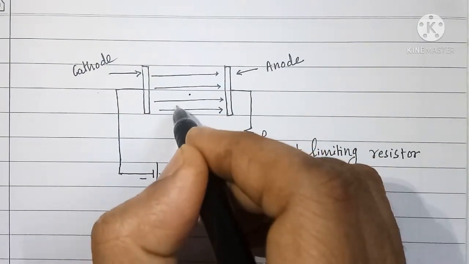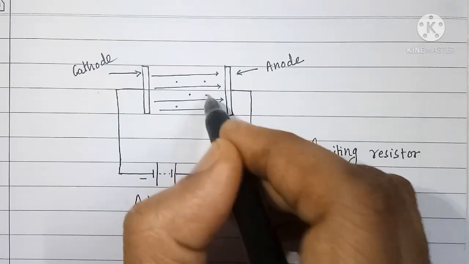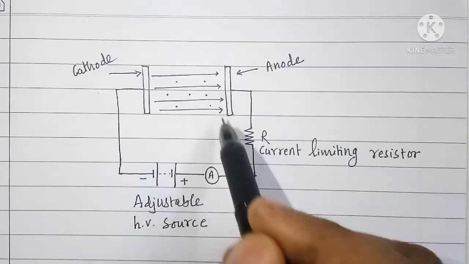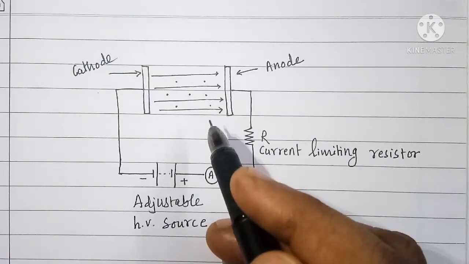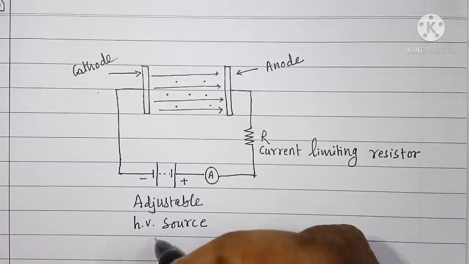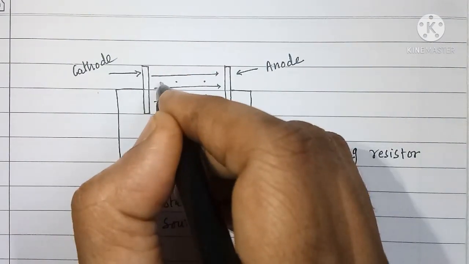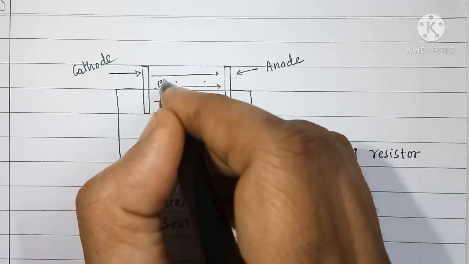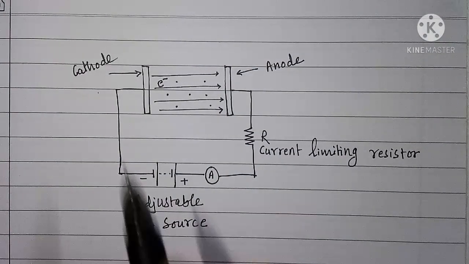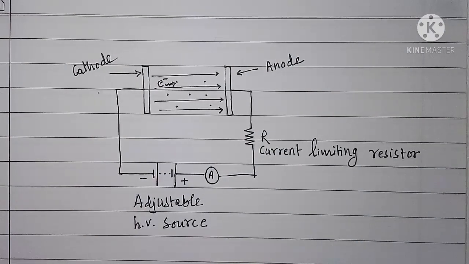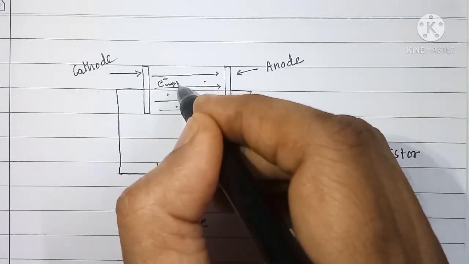Now there will be gas molecules in between the two electrodes here. These gas molecules here are at low pressure. At certain HV voltage, the cathode will emit an electron, and this electron will collide with the gas atom or molecule, and then it will change its direction.